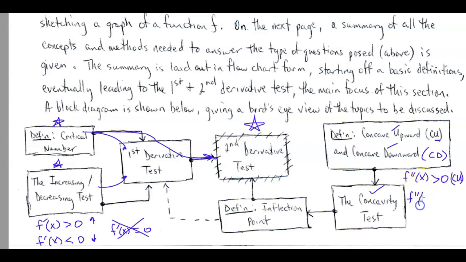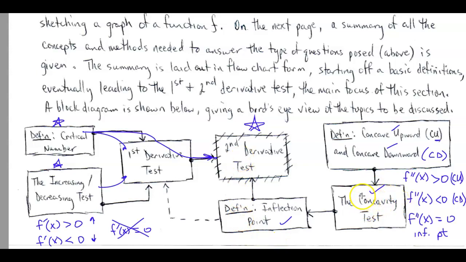When our second derivative, we plug in an x value and it ends up being negative, we know that our original function was concave down, okay? And when we have the second derivative of our function equaling 0, what we end up having is what we call an inflection point, okay? And so that's where this comes into play, okay?